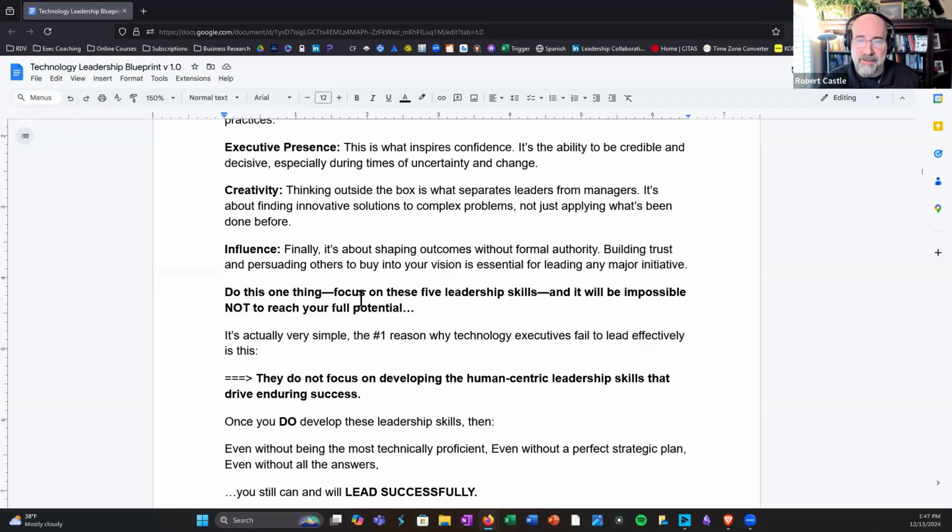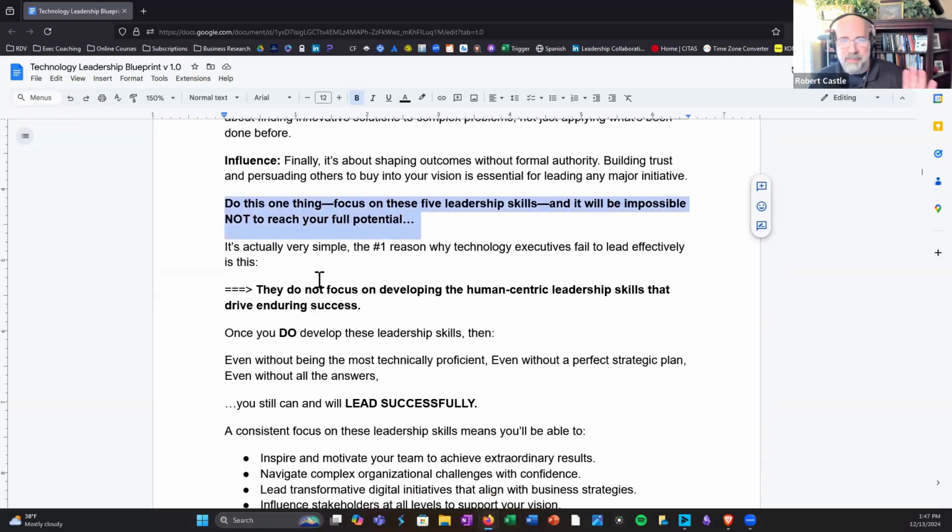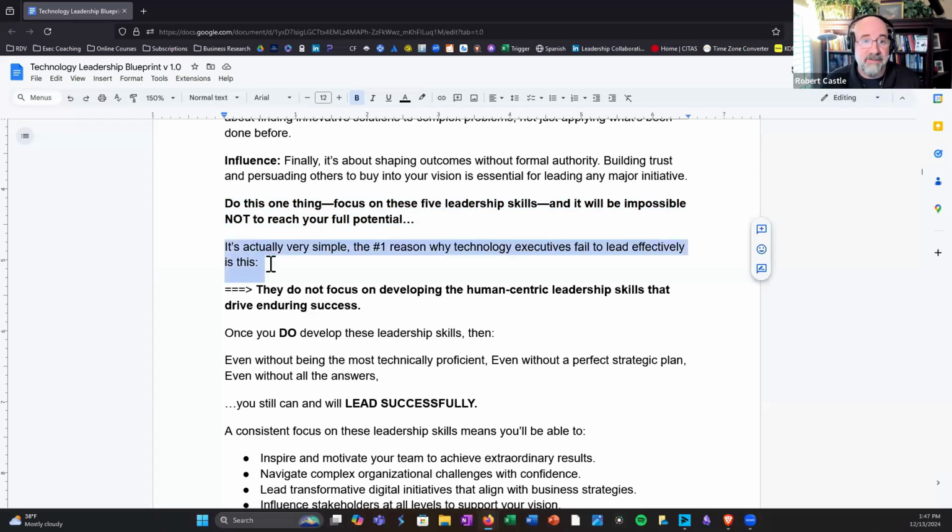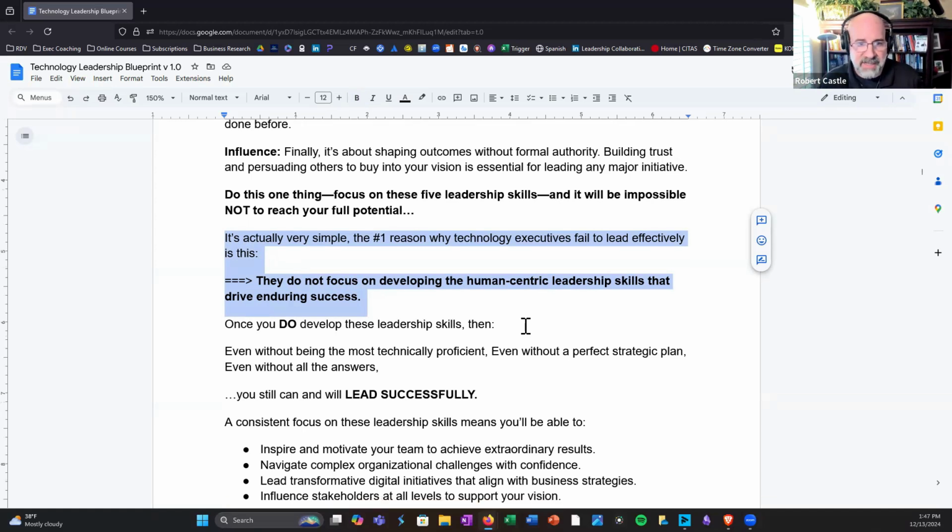Do this one thing, focus on these 5 leadership skills, and it will be impossible not to reach your potential. It's actually very, very simple. The number one reason why technology executives fail to lead effectively is this: they do not focus on developing the human-centric leadership skills that drive enduring success.